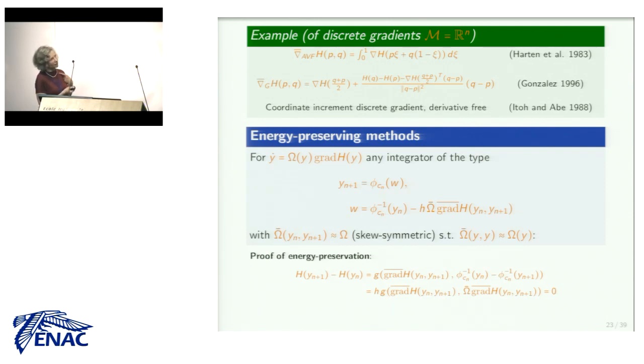And think about that situation. Assume this is 0. And here you see that we have discretized the skew-symmetric tensor field on its own and the gradient with a discrete gradient. And then the proof of energy preservation follows really straightforwardly. It's a 2-line or 1-line proof.